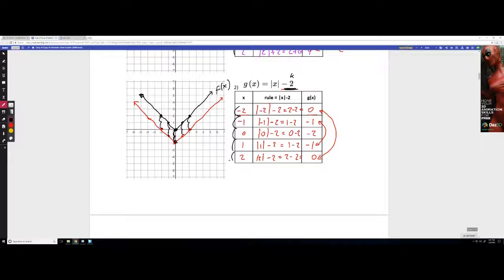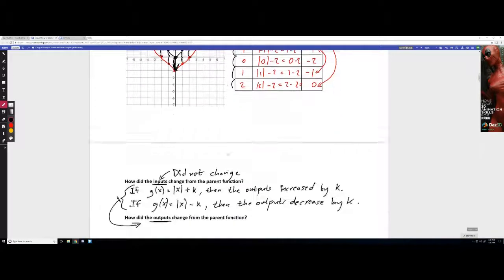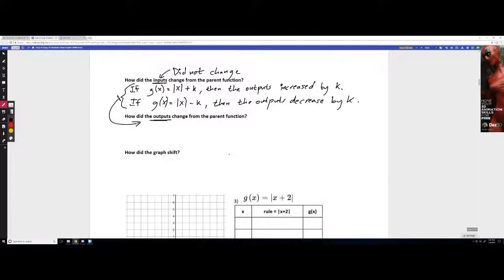So here's the f of x, and then we just went down 2 spaces for g of x. That's what happened there. So again, number 1 shifted vertically. That's up and down by 2 units.